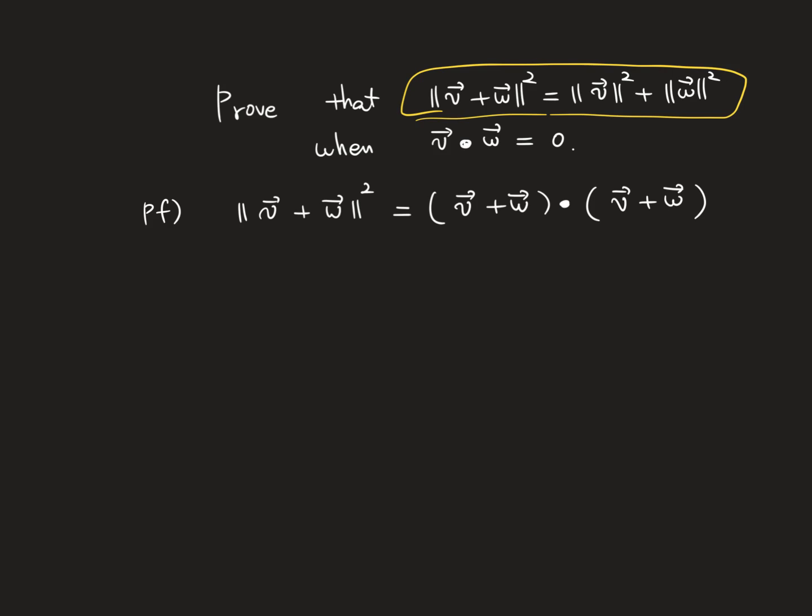And in the dot product, the distributive law holds. So this is V dot V plus W dot V plus V dot W and W dot W, okay?